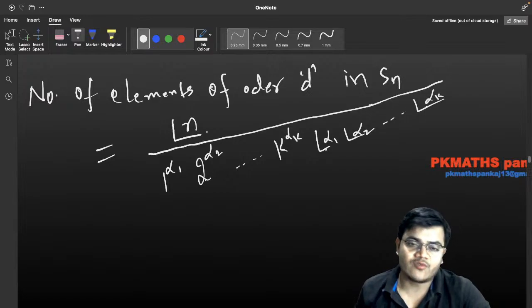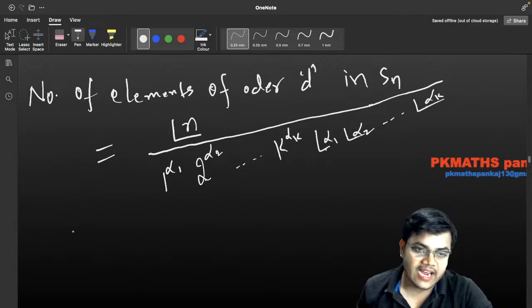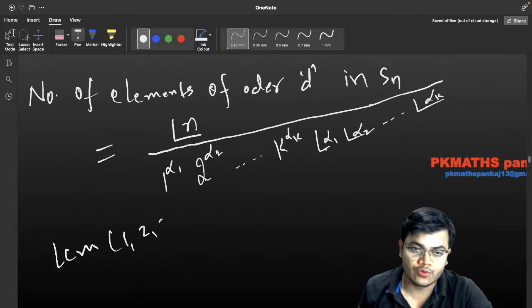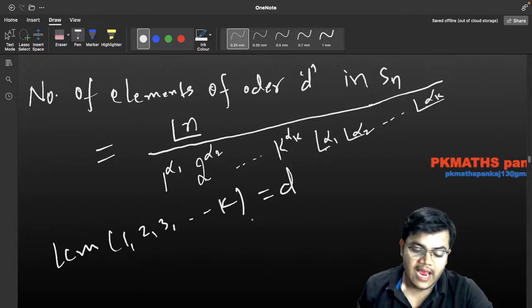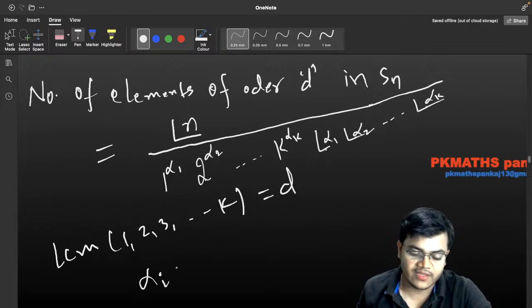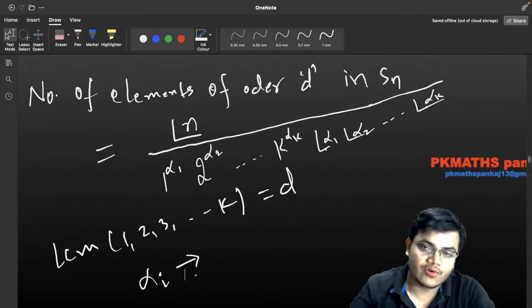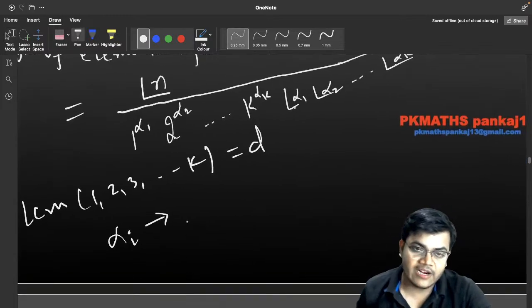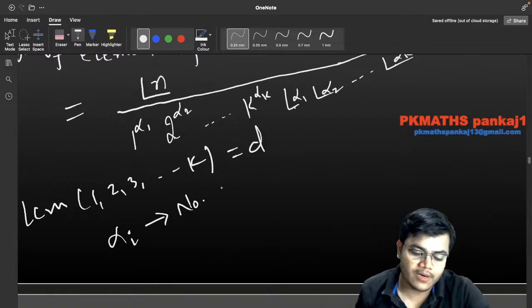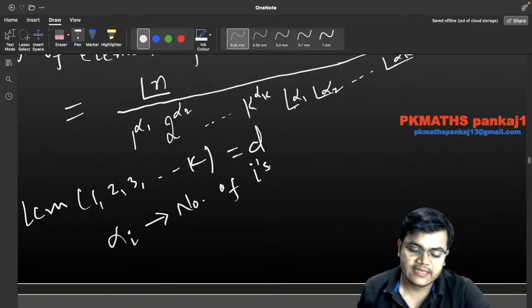But people will ask, what is the D over here? Then I would say the LCM, least common multiple of 1, 2, 3 up till k is equal to D. And then people will ask, what are these alphas? Alpha 1, alpha 2, alpha 3. Then I would write it very carefully that alpha i is nothing but the number of i's in the selected partition.